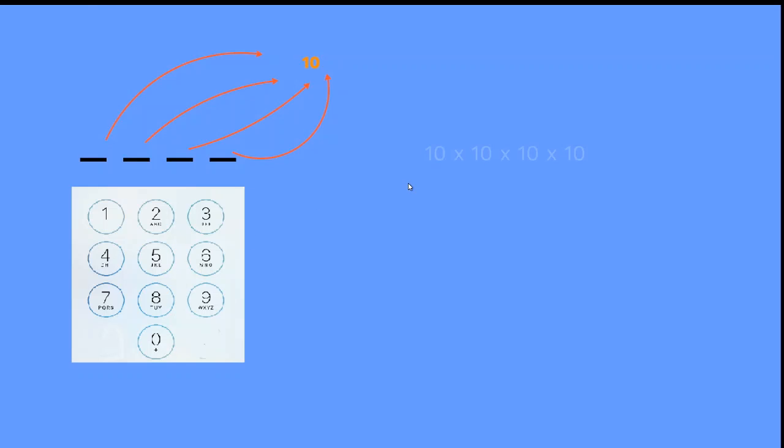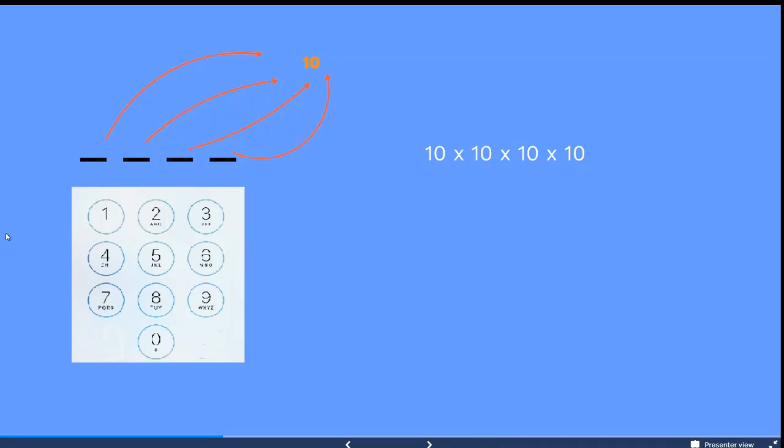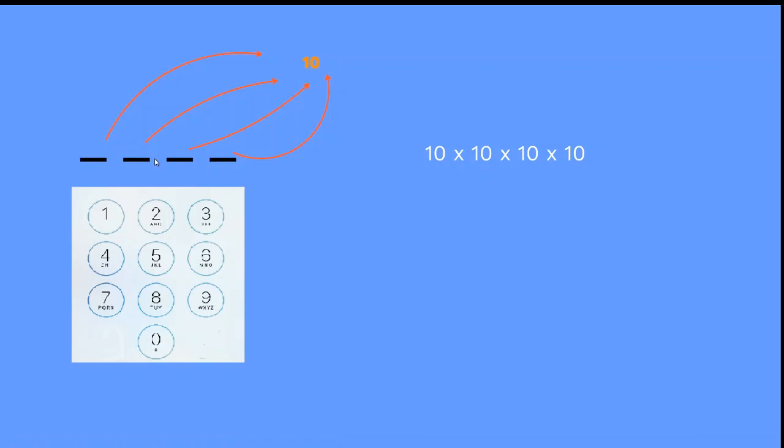It will be 10 into 10 into 10 into 10, because each digit has 10 possibilities. So the total is 10,000, or I can write it as 10 to the power 4, which is a better way of representing it.